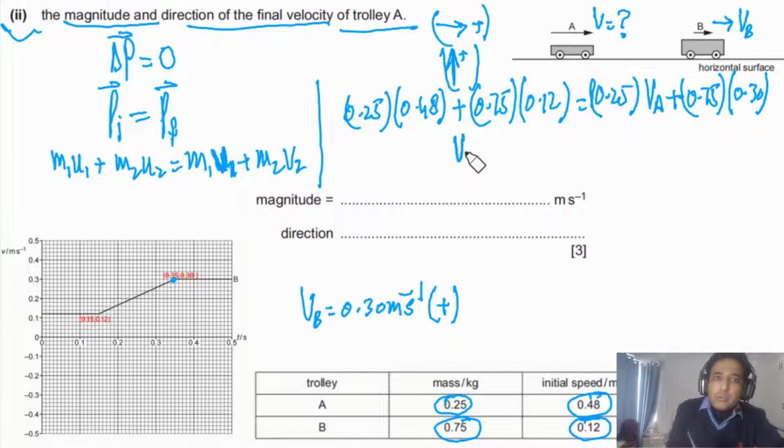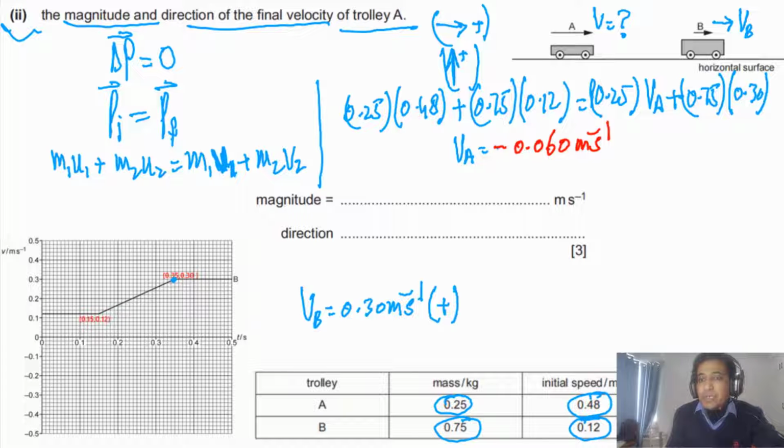Now if we solve this one for VA, we will get minus 0.060 meters per second. This negative sign is very important. Let me rewrite this one, maybe it is not very clear. So it is negative 0.060 meters per second.